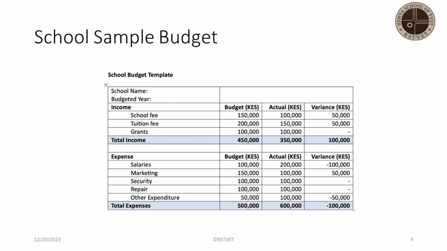So from that example, you can read the others and see the pattern. Then there is total expenses. So you add all the proposed budget and you can see that this is 500,000 Kenya shillings and the actual 600,000 Kenya shillings. And then there is the variance of negative 100,000 Kenya shillings.